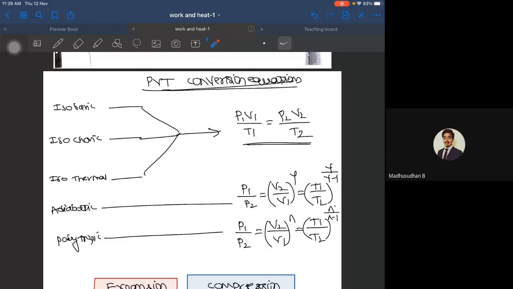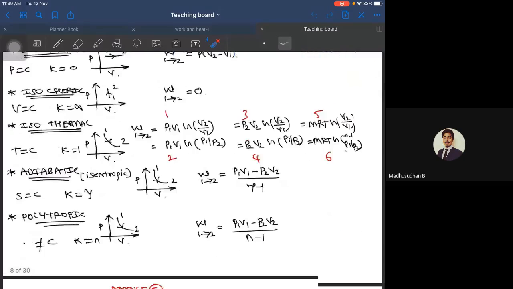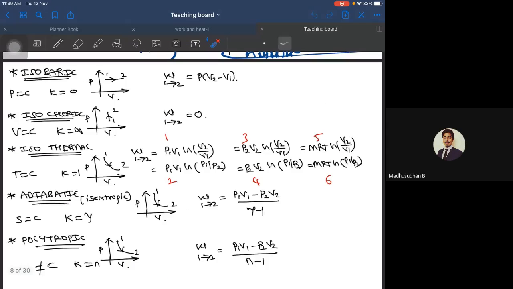Taken? Now take the screenshot of this, which gives you the idea of all the processes and the work done in each: isobaric, isochoric, isothermal, adiabatic, polytropic. Take a screenshot.